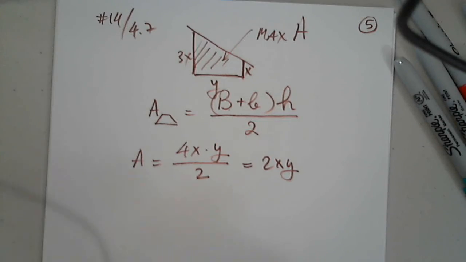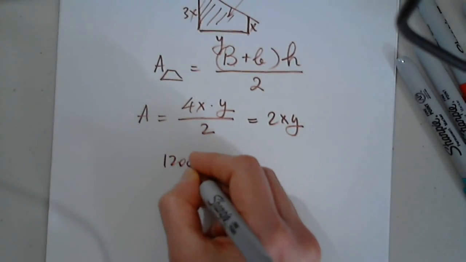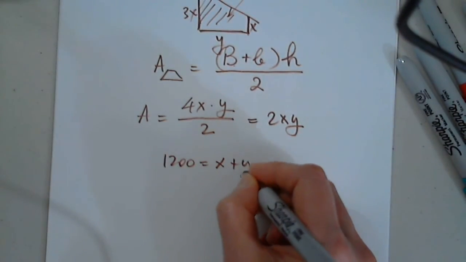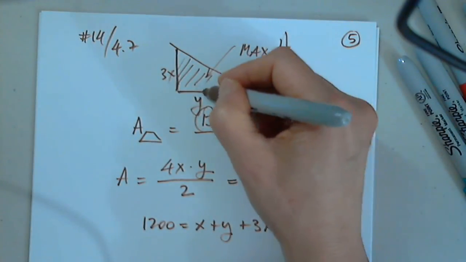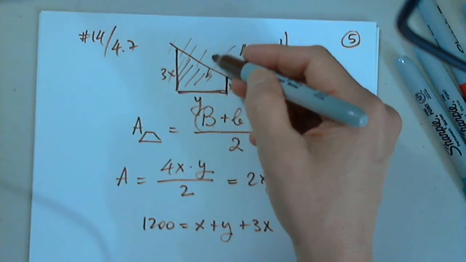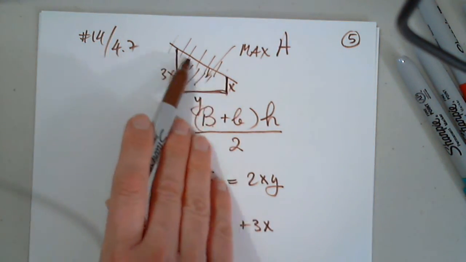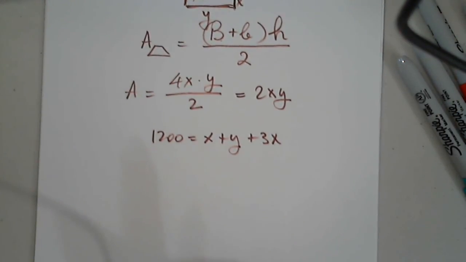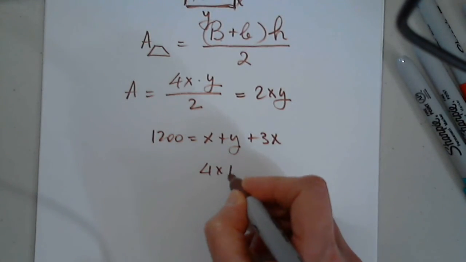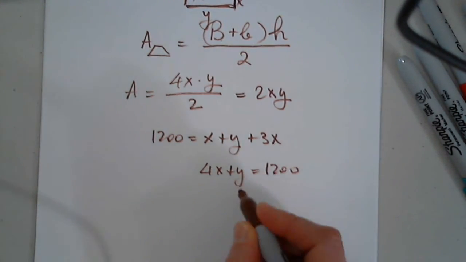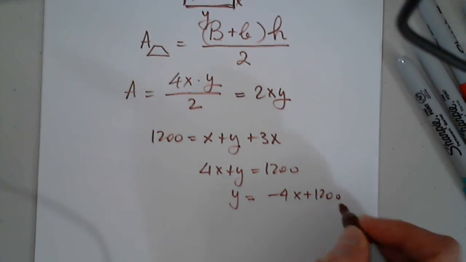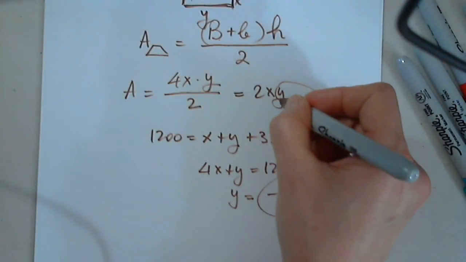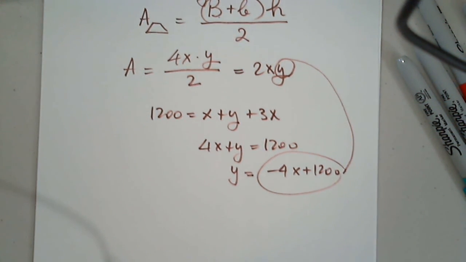So that means 1,200 equals x plus y plus 3x, because he said don't put a fence along the river. So this is 4x plus y equals 1,200. From here, I solve for y as negative 4x plus 1,200. This will replace this, and I found my function.